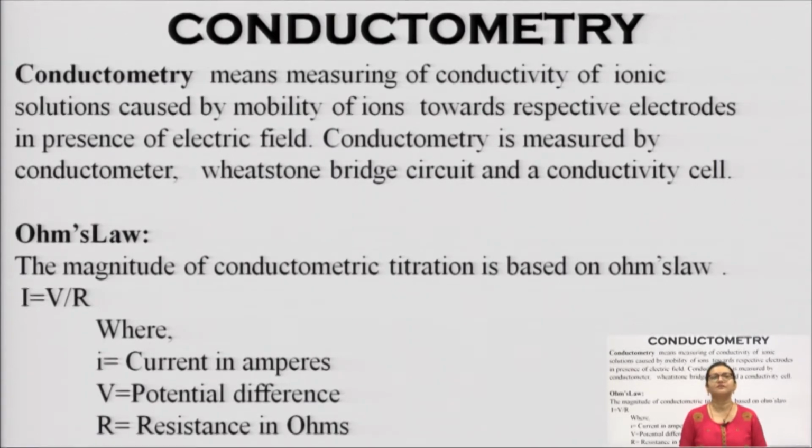It is caused by the mobility of ions toward their respective electrodes in the presence of an electric field. When we apply an electric field to an electrolytic solution containing the analyte to be determined, an electric current is generated, and the charges start moving towards their respective electrodes, generating an electrode potential and thus a current according to the conduction, or mobility, of ions. The more the conduction, the more the electrode potential generated and the more the current.